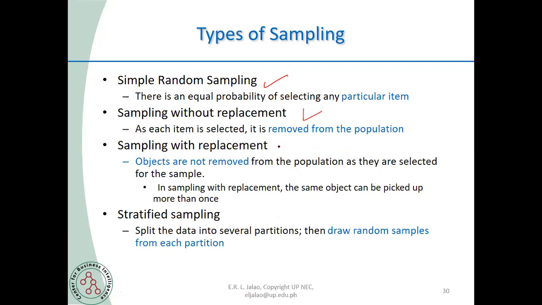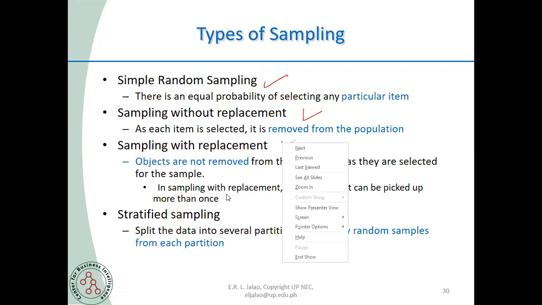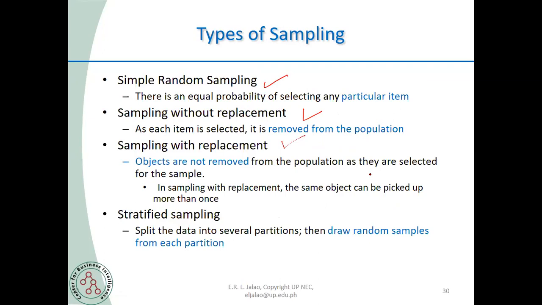Okay, we have types of sampling: simple random sampling, sampling without replacement, sampling with replacement, and stratified sample. So when we say random sampling, there is an equal probability of selecting any particular item. Sampling without replacement, removed from the population. Sampling with replacement, objects are not removed from the population as they are selected for the sample.